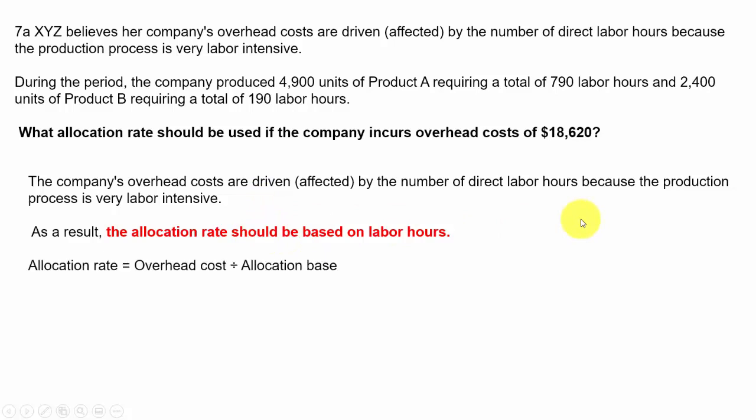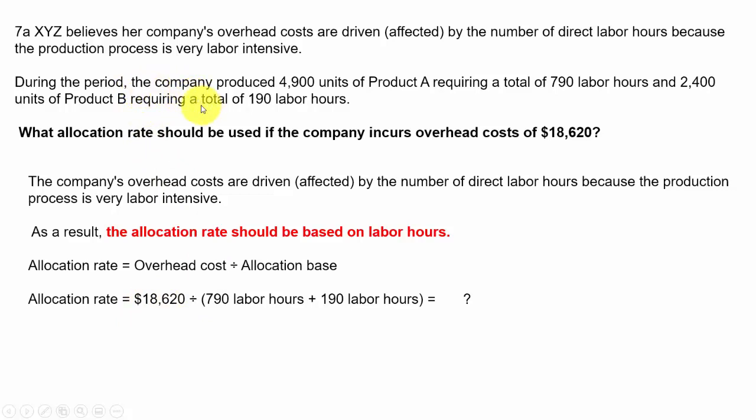So based on that, we're going to say that we can figure out an allocation rate for overhead, that is how much we're going to put overhead into our process by, by taking the overhead costs that we have and dividing that by the allocation base. In this case, it should be labor hours. So the allocation rate will be the total overhead we spent, which is $18,620, that's in the problem up here.